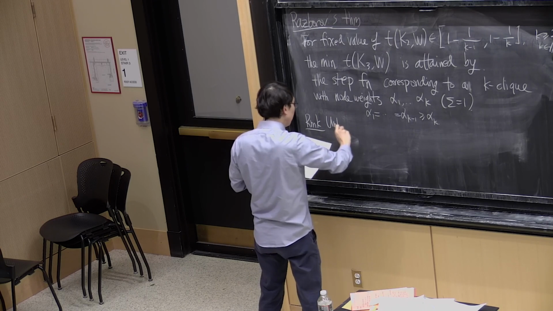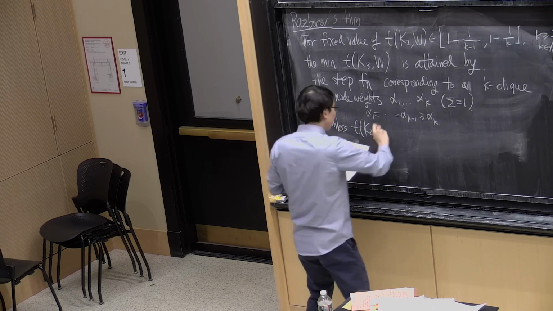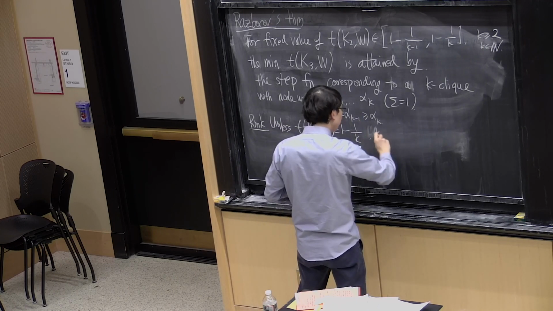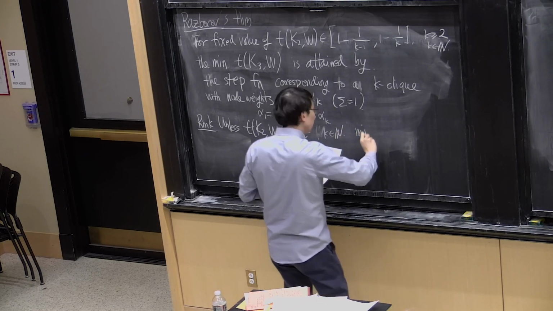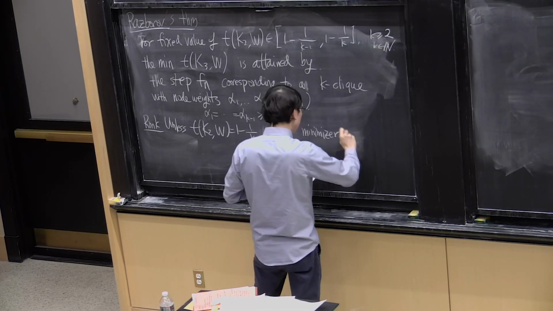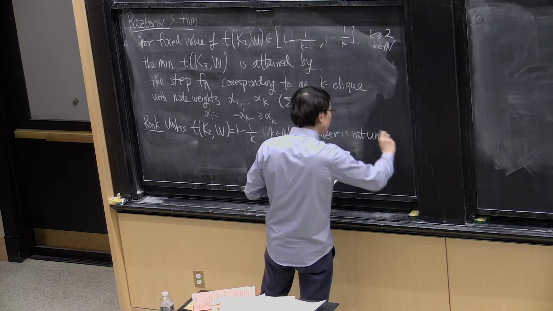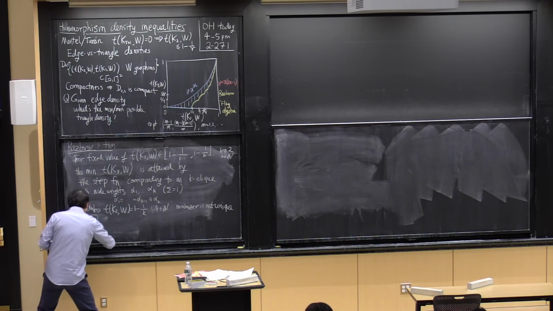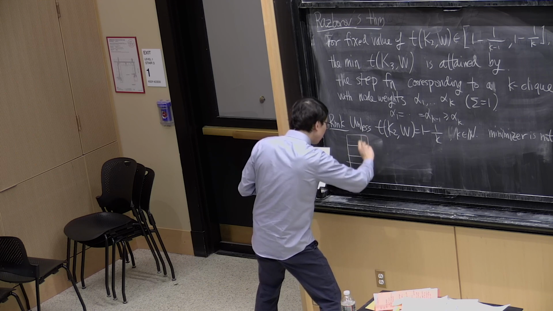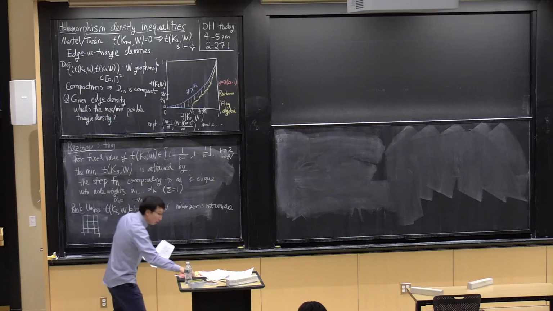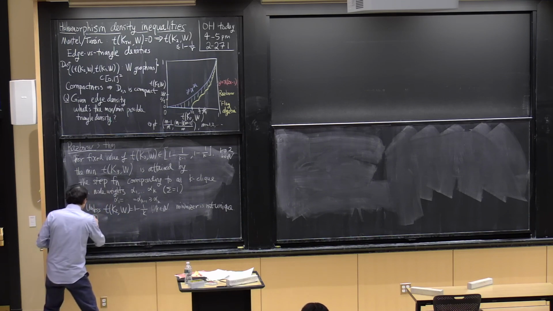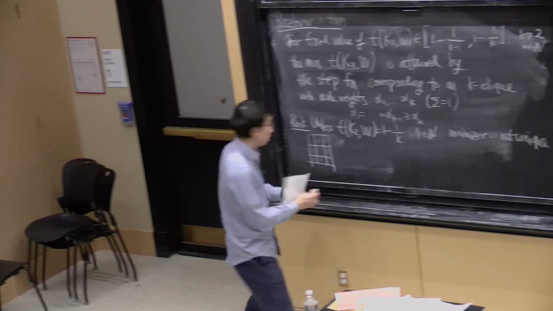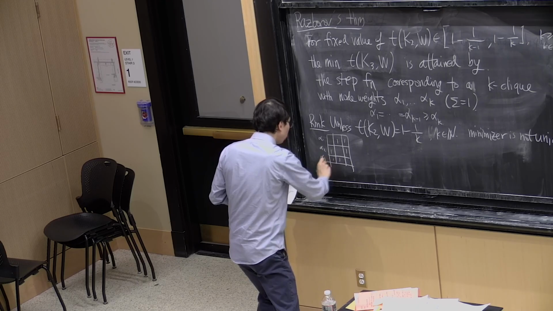So unless the K2 density is exactly of this form, the minimizer is not unique. And the reason why it is not unique is that you can replace, okay, so what's going on here? So you have this graphon, alpha 1, alpha 2, alpha 3.